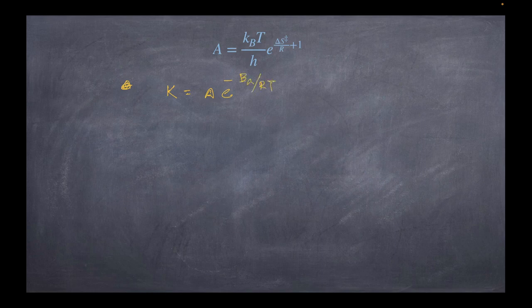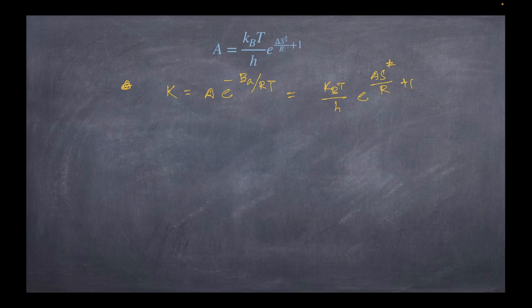Here A is the pre-exponential factor, and from TST we got the expression of A as kBT divided by h times e to the power delta S double dagger divided by R plus 1.